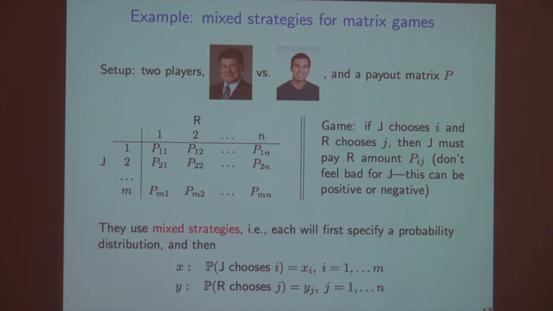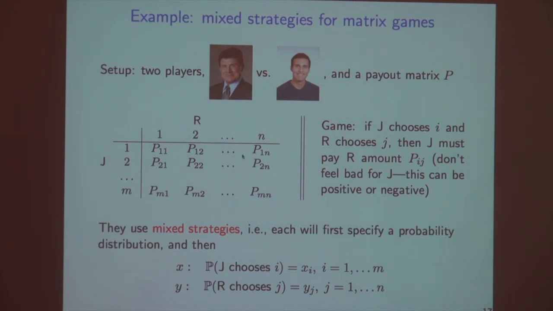R is going to choose some quantity little j from 1 through n. And then we're going to go to this lookup table. It's called our payout table. And J is going to pay R P_ij. Okay, so don't feel too bad for this player J because this can be positive or negative, right? So it's not like R is always going to come out on top.